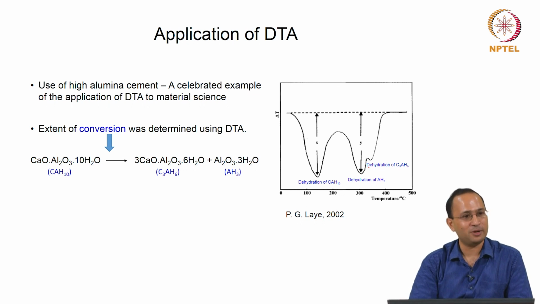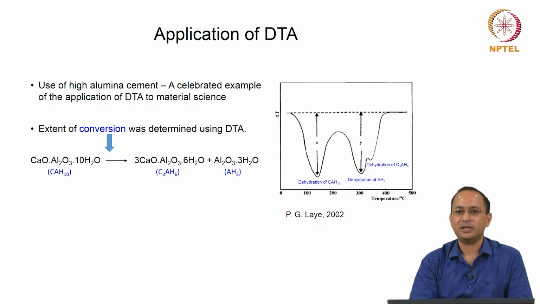High alumina cement was being used some 30-40 years ago. At the time there was some issue with that. People noticed that it was weakening the structures, and in some cases leading to collapse. So they wanted to know why, particularly with high alumina cement.